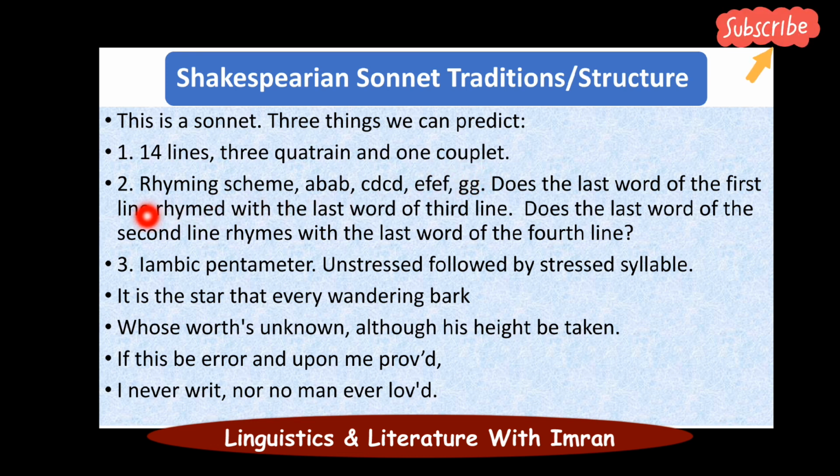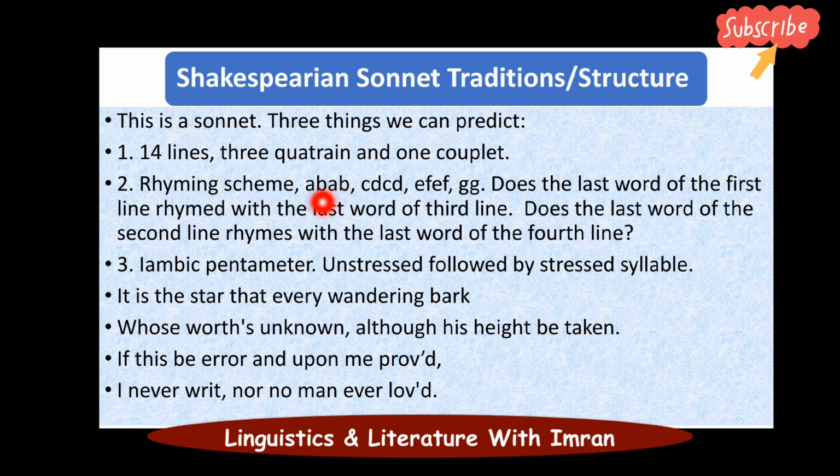The second thing: the rhyming scheme of a Shakespearean sonnet is ABAB, CDCD, EFEF, and GG. So it means that the last word of line number 1 rhymes with the last word of the third line.